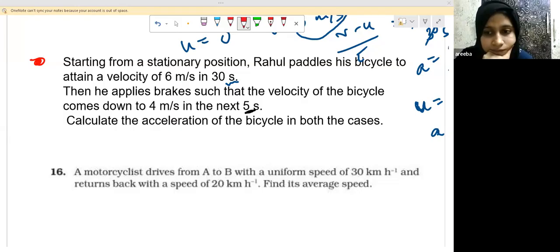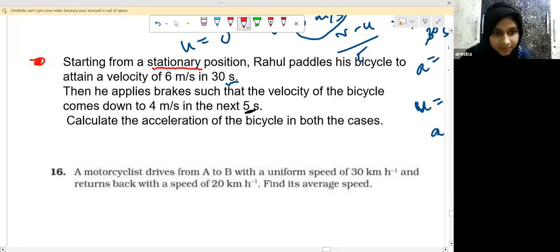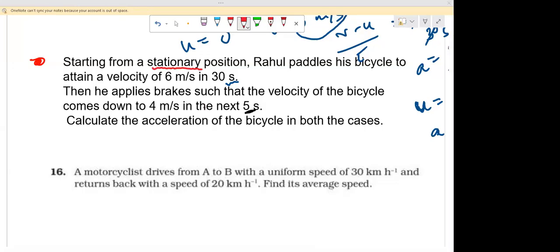I took 6. Yes, initial velocity, the starting velocity is 6, right? Stationary means earlier it was at rest.